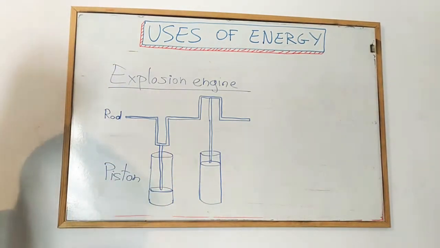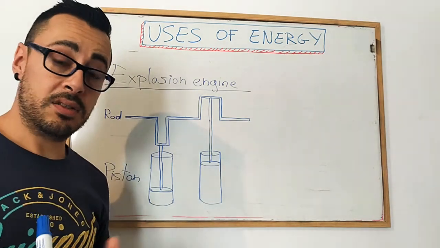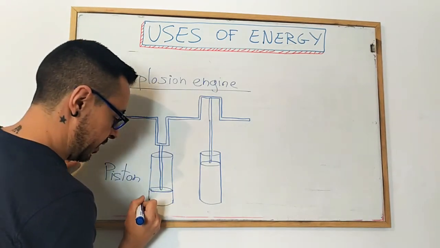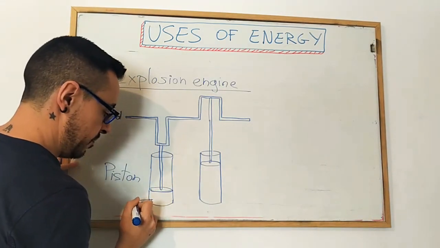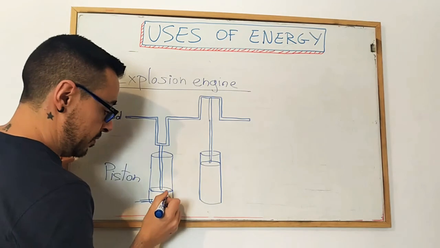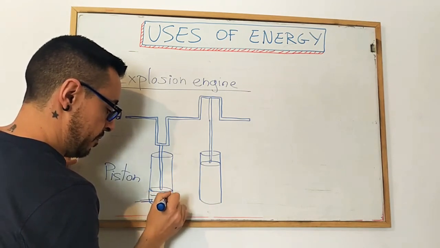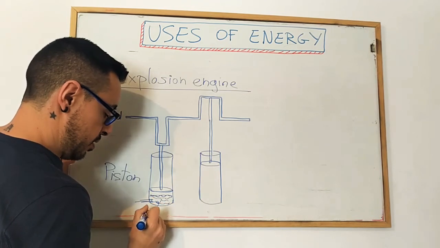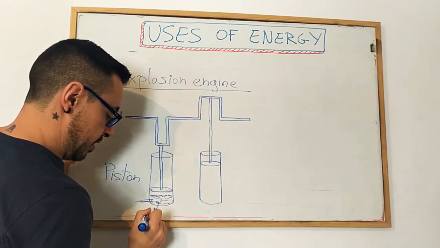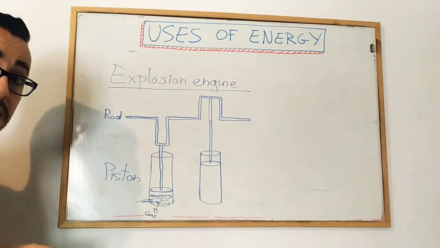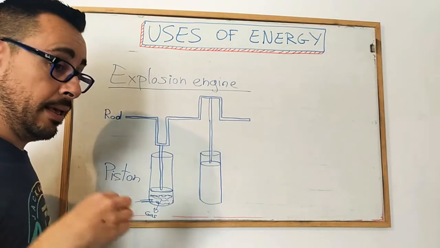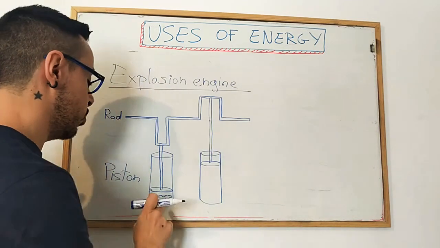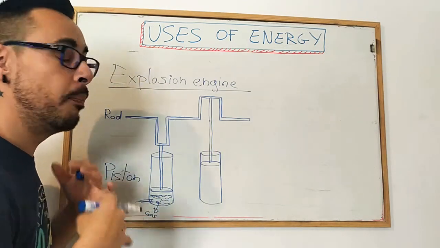What is going to happen now? The gas or diesel is going to be injected here. It's going to be injected there, okay, and it's going to be here. The gas or the diesel gas, and we add a tiny spark, okay, it's going to burst, it's going to explode.